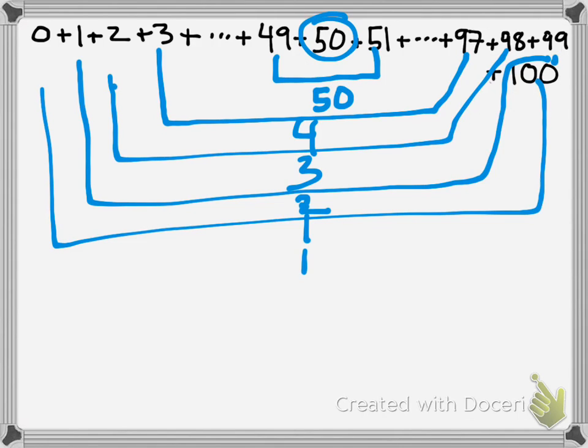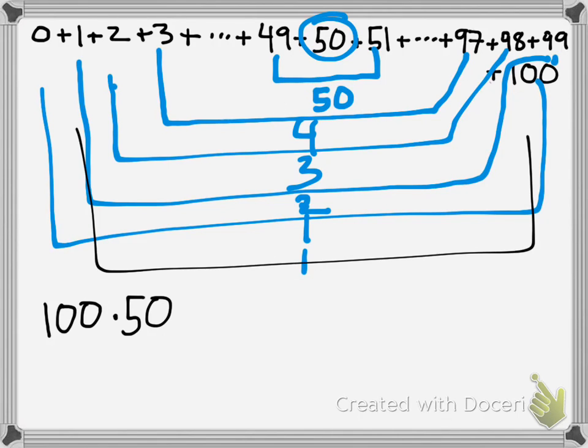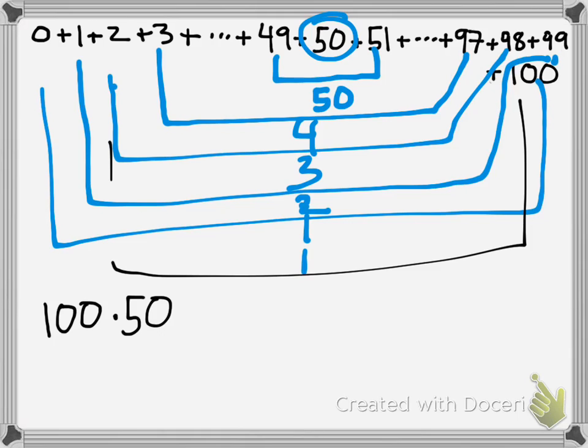Okay. So what did I just do there? Well, I'm adding the number 100, 50 times, right? So it'd be 50 times 100, because 1, 2, 3 up to 50, that's times 50, and each group adds up to 100. But what's left?